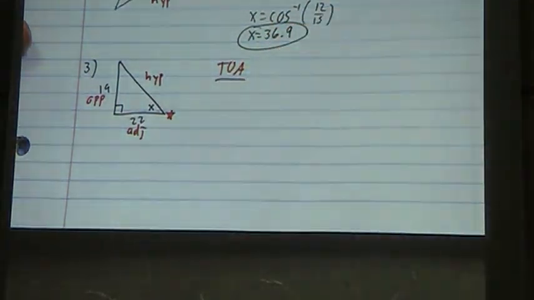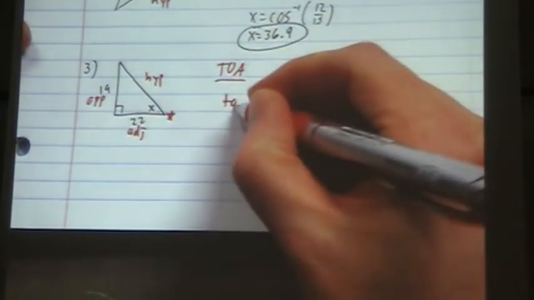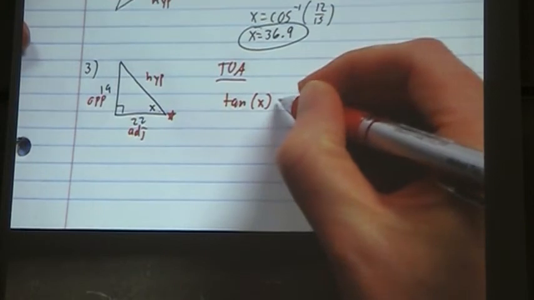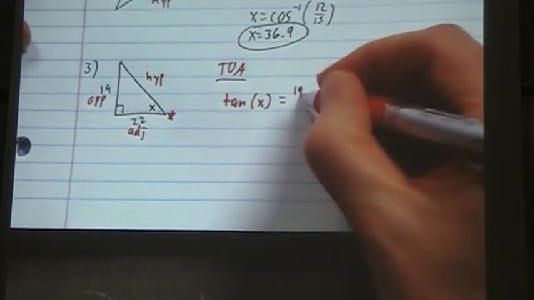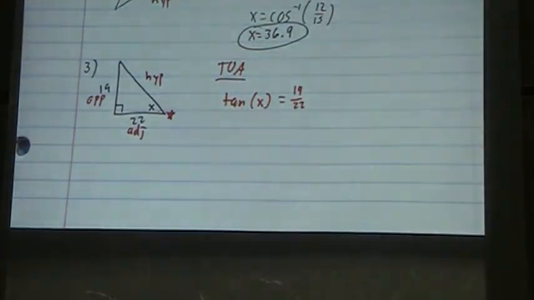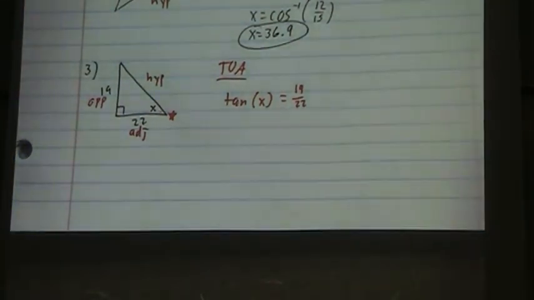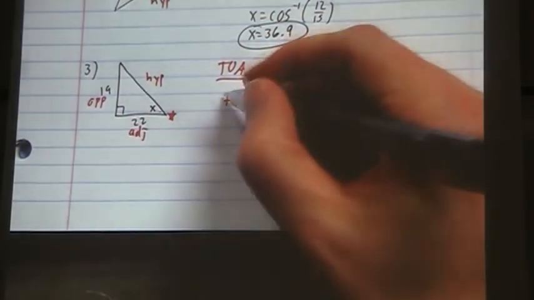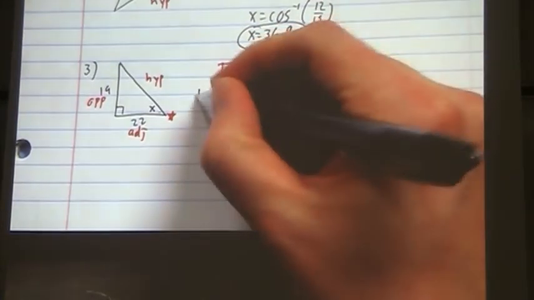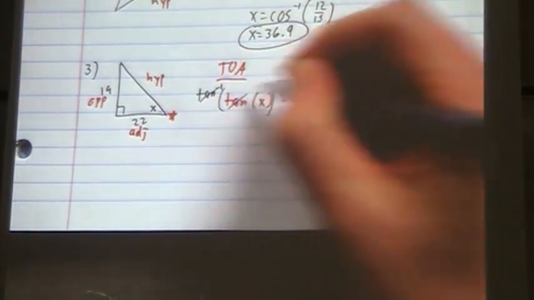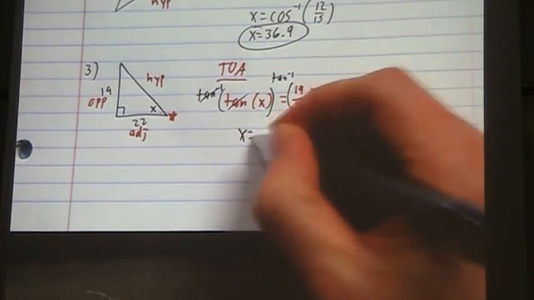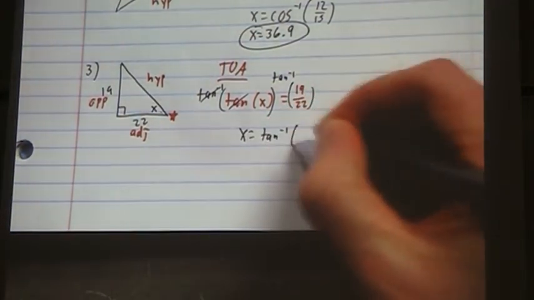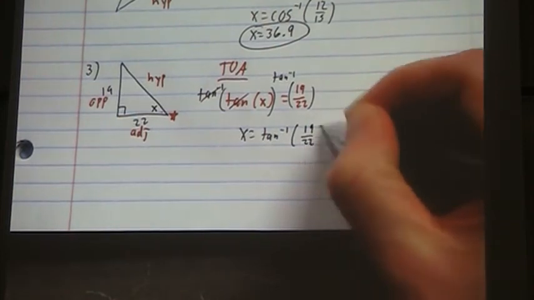Okay. So we go tan of our angle equals OA, opposite over adjacent. And from here, we need to get our x by itself, so we take the inverse tangent of both sides. So x equals inverse tangent 19 over 22.